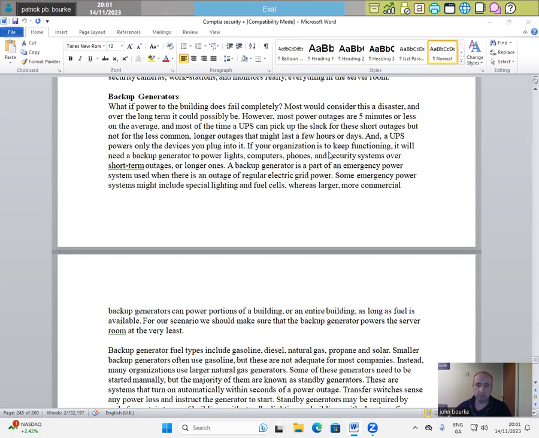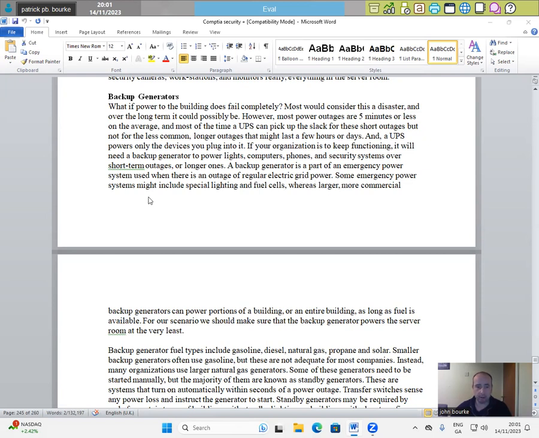If your organization is to keep functioning, it will need a backup generator to power lights, computers, phones, and security systems over short-term outages and longer ones. A backup generator is part of an emergency power system used when there is an outage of the regular electric grid power.